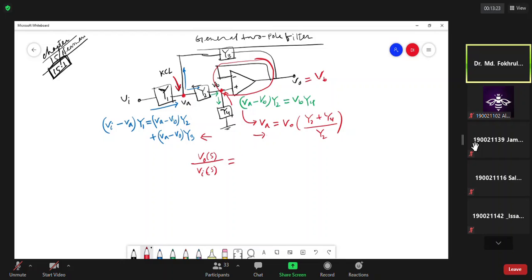So this will be Y1 Y2 divided by Y2 (Y1 plus Y2 plus Y3) plus Y3 Y4. So this is basically the T(s).